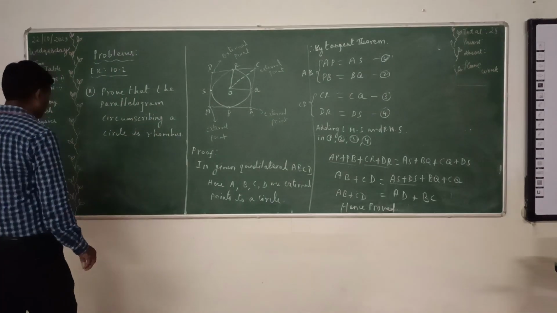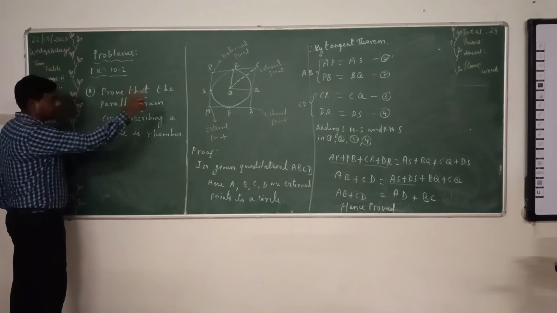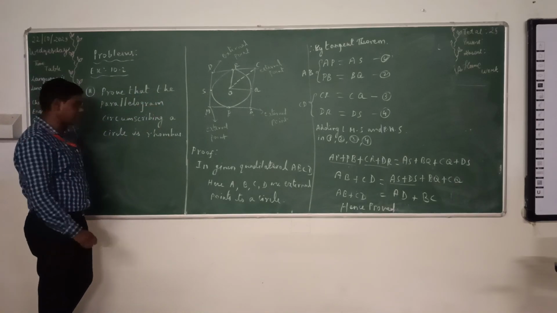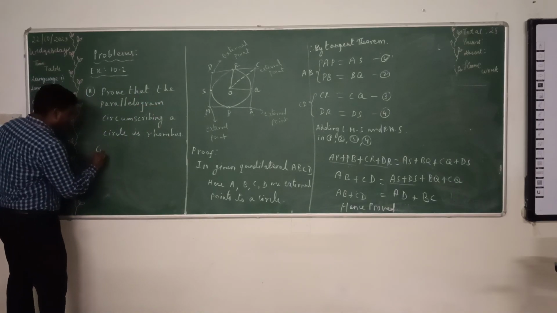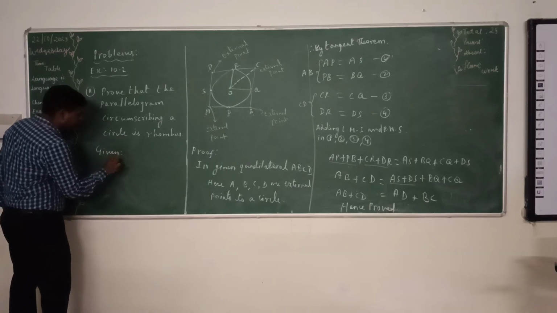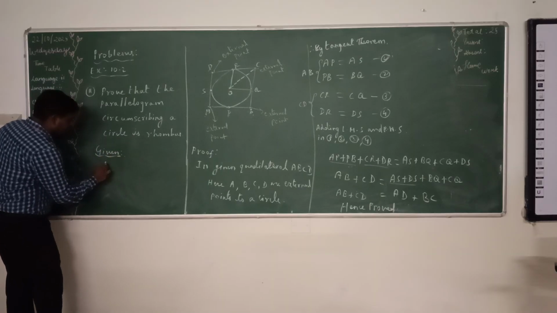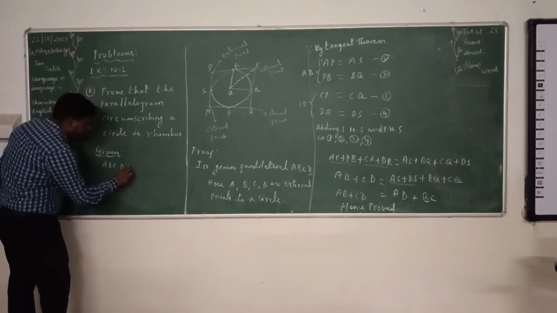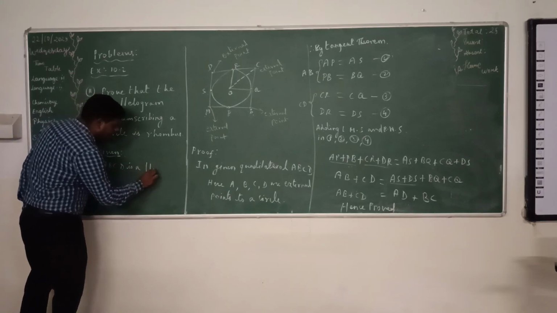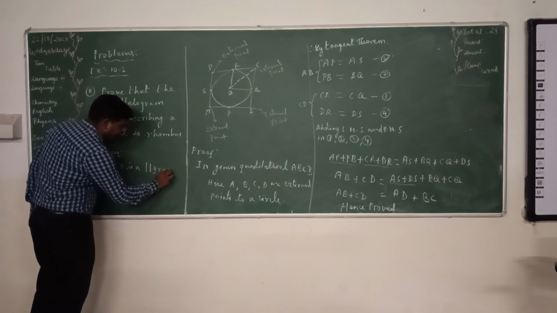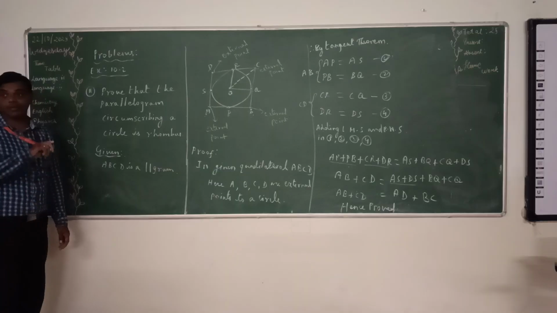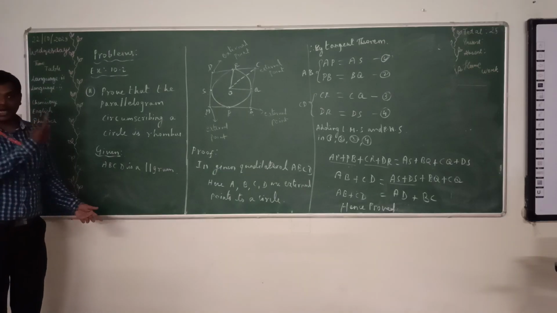First we have to write what is given. We can consider the same diagram here. It's given that ABCD is a parallelogram. When ABCD is a parallelogram, we have some conditions.